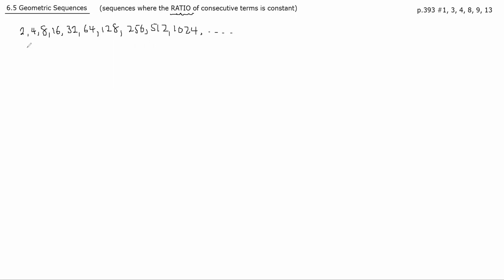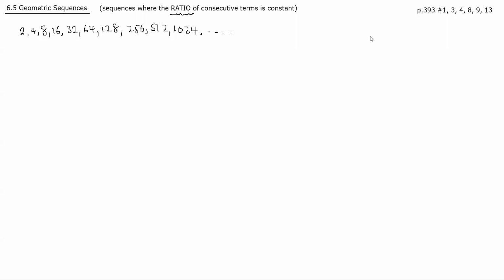Okay. What do you notice about this pattern or this puzzle, this sequence? Yes, they are all multiples of 2, and in fact the first term is basically 2 to the power of 1. The second term is 2 to the power of 2. The third term is 2 to the power of 3. But instead of talking about it just as an exponent, let's talk about it as a sequence.